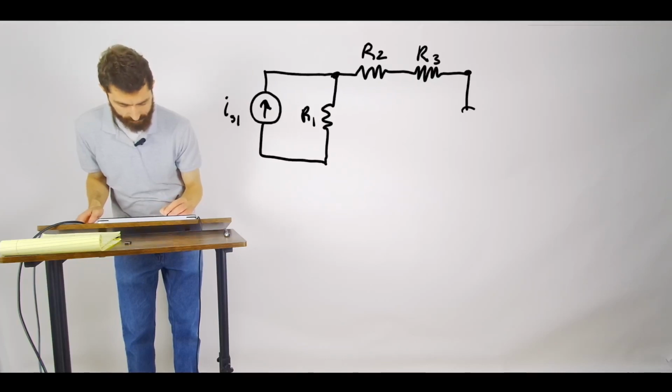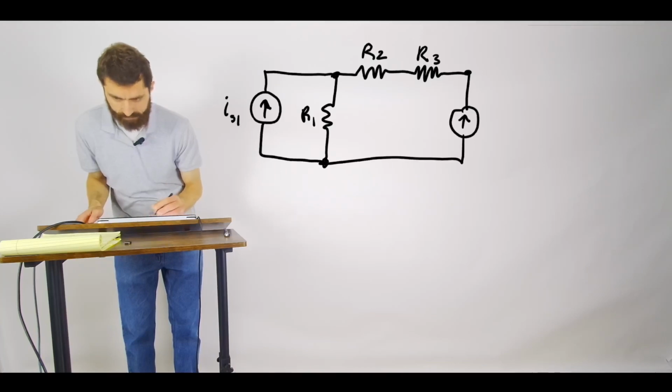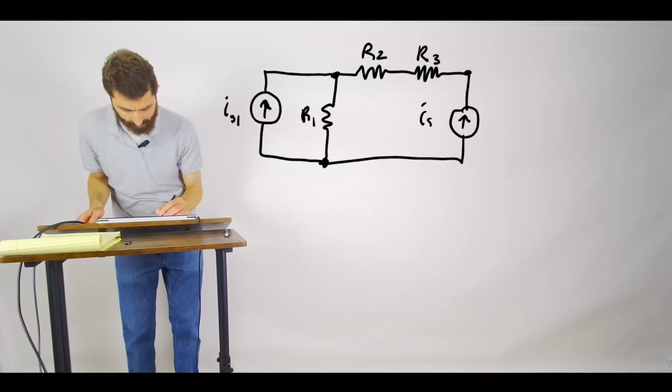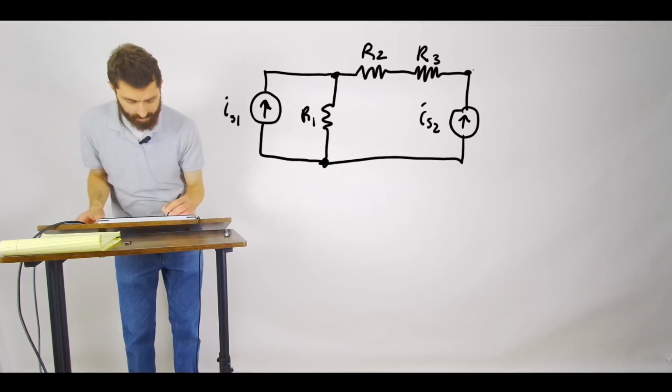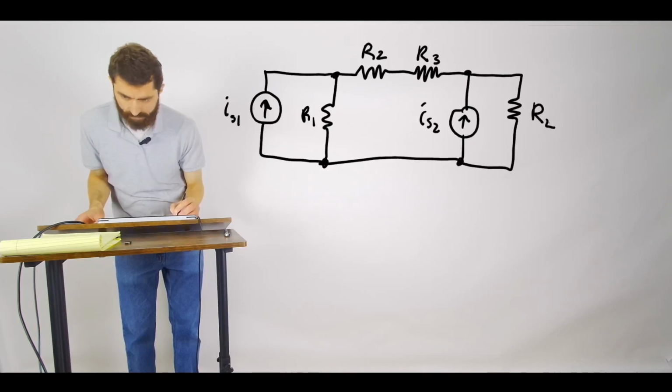And then we have another current source, I'll call it IS2, and then another resistor, I'll call it R4.